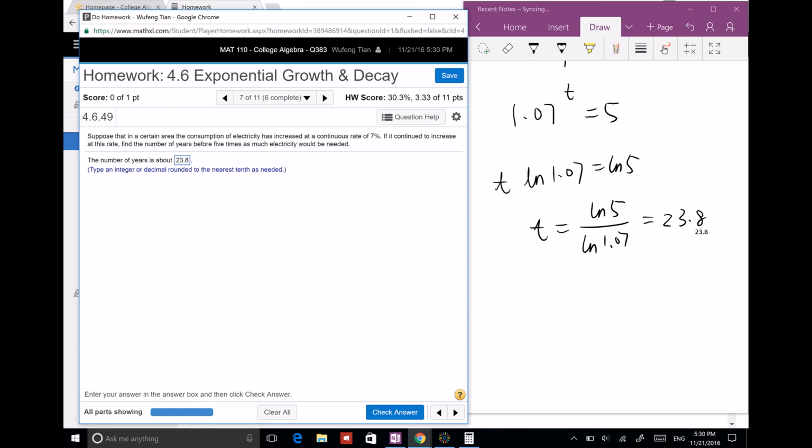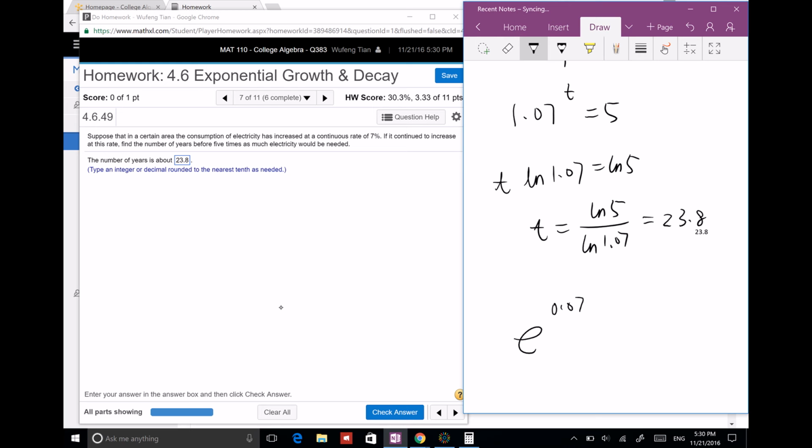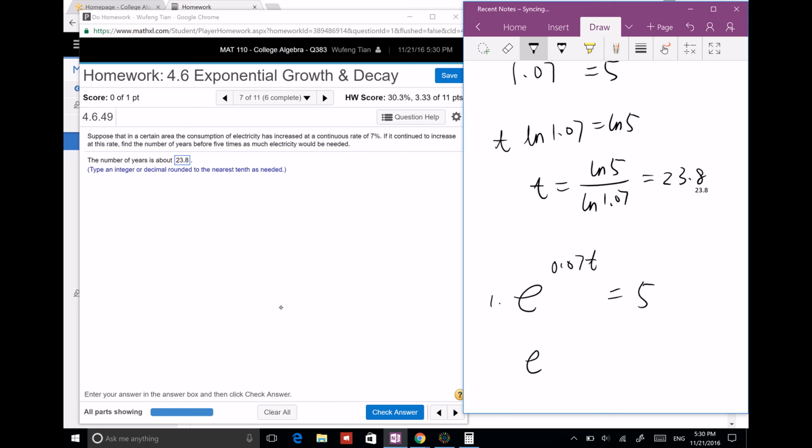Okay, continuous. Can something increase at a continuous rate like that? Oh, maybe it's e to the 0.07t equals 5. So e to the 0.07t equals 5. You take ln on both sides.